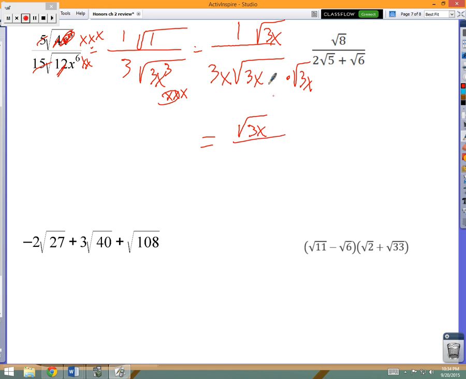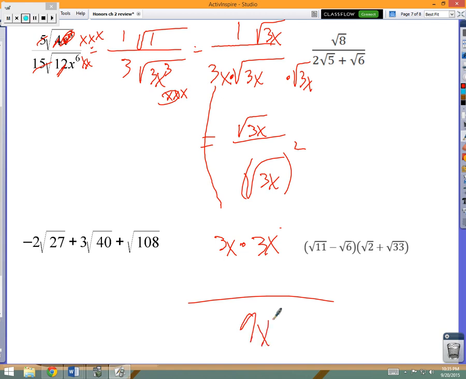On bottom, square root of 3x times square root of 3x is square root of 3x squared, and this square undoes that square root, so on the bottom you just got 3x times this 3x. So on the bottom we've got 9x squared. On the top we've got square root of 3x.